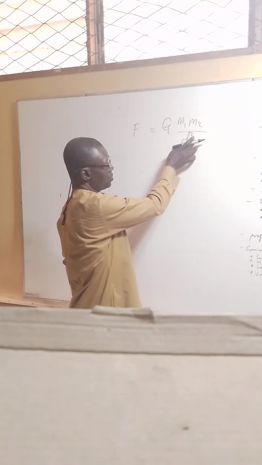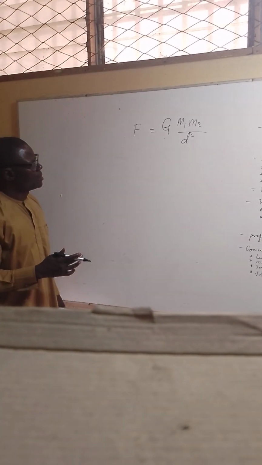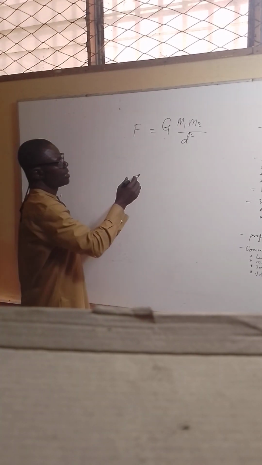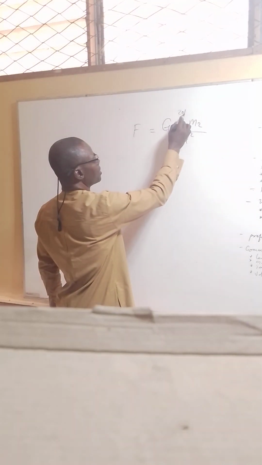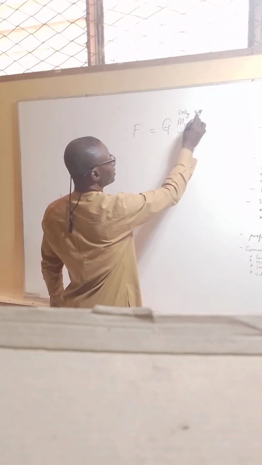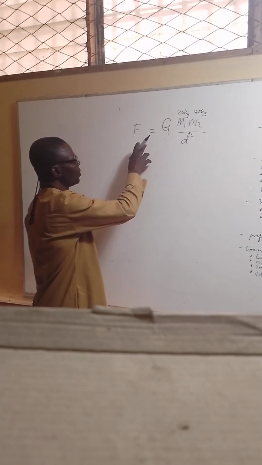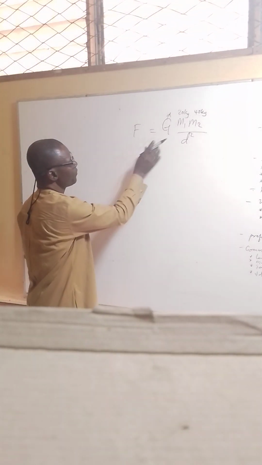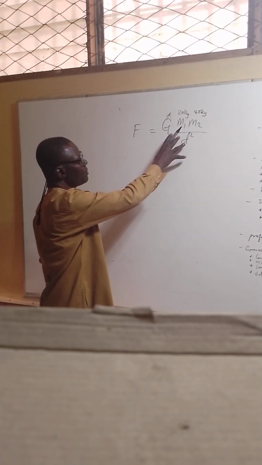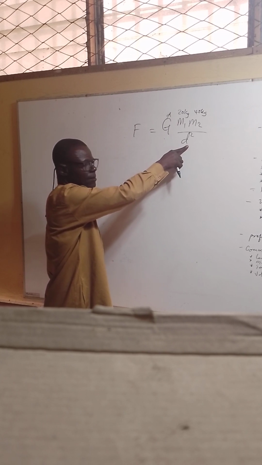I chose to use D, so D squared. Let's say these two bodies have 20 kilograms and 40 kilograms. G is a constant, it remains constant. The force existing between them is dependent on the distance between them.